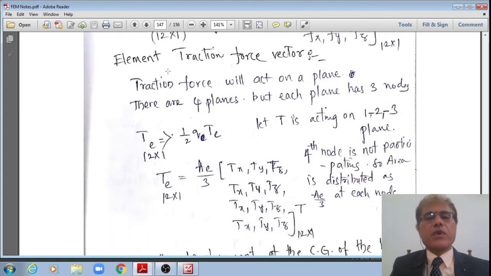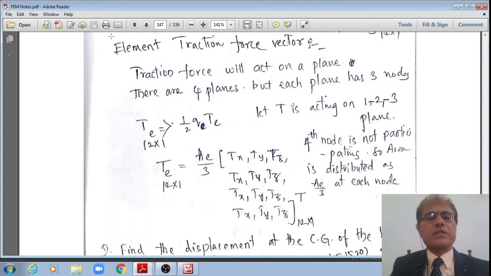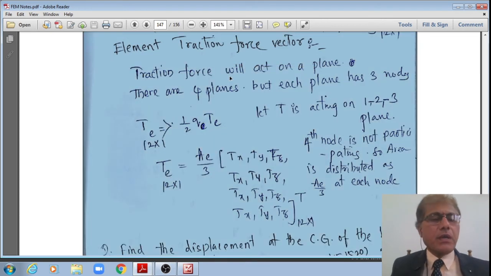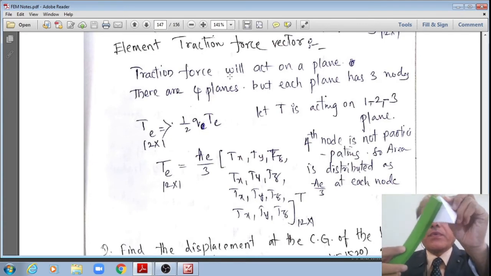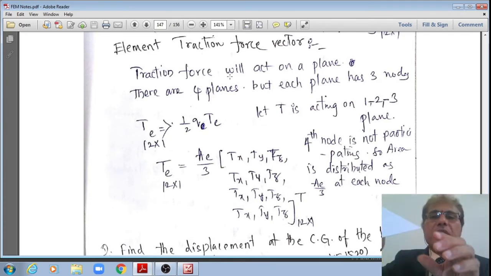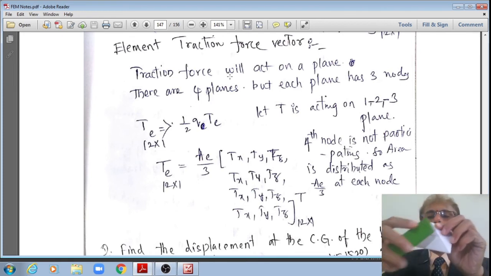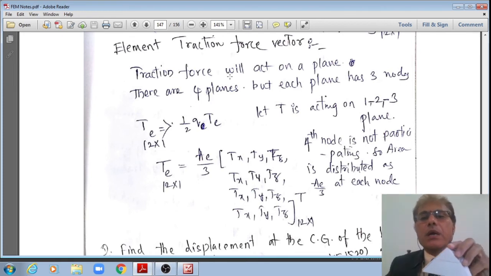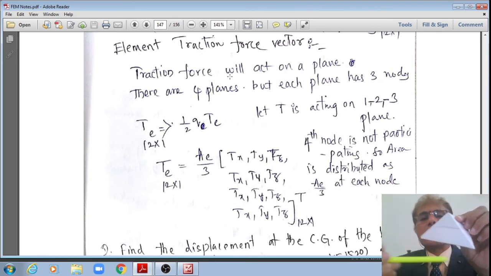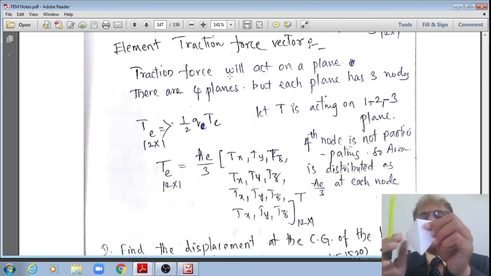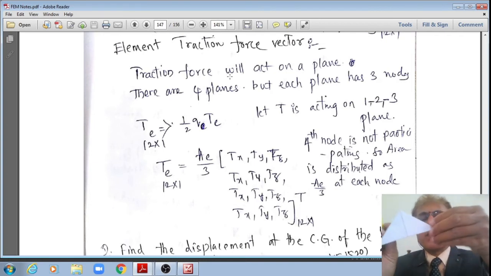Now, if you understood that, I'll move to the next subheading, the element traction force vector, notated by TE. The element traction forces will be acting on one plane like this. Therefore, it will distribute the loads to those 3 nodes which are attached to this plane, and it will not leave any load to that fourth node.